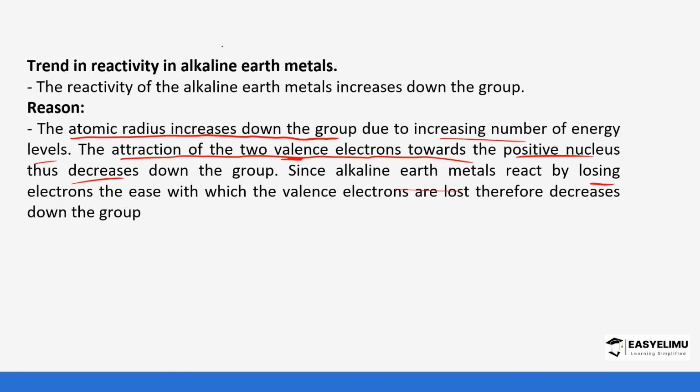So if you were to compare the reactivity of alkaline earth metals and the reactivity of alkali metals, we would say that the reactivity of alkali metals is more in comparison to alkaline earth metals. Remember, alkaline earth metals, they are losing 2 electrons. For alkali metals, only 1 electron is being lost.